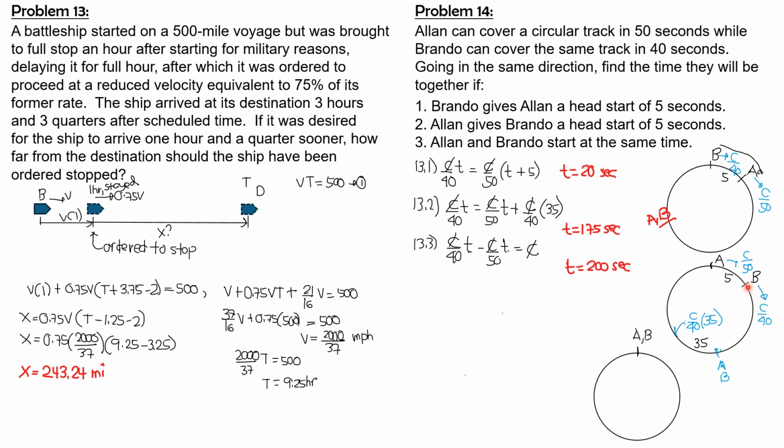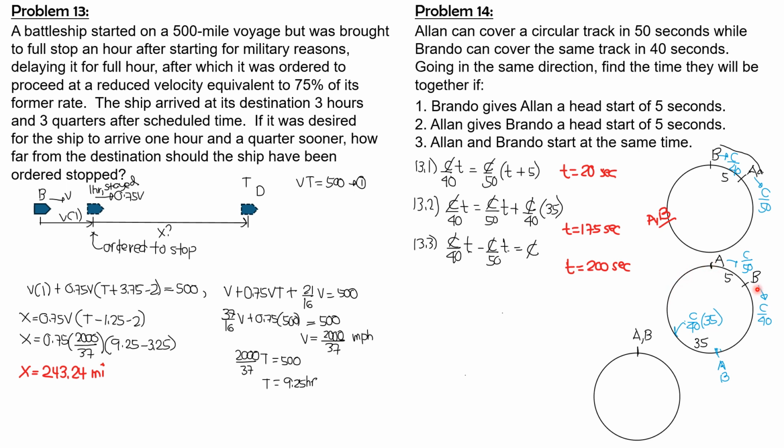It is like Brando gives Alan a head start so that it's the same as in the first. So if this Brando, to reach this destination where Alan is staying at the start, then it will only take 35 seconds for Brando to reach that destination.